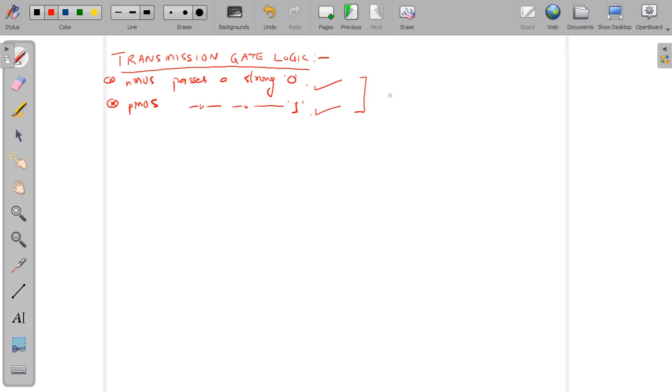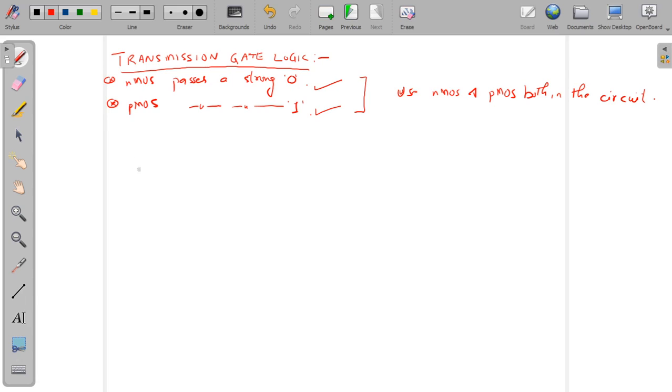This is what the transmission gate will do exactly, that is, it will use NMOS and PMOS both in the circuit designing, and we will see how it uses them.